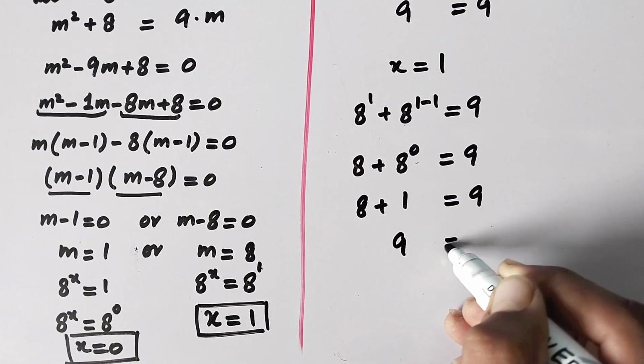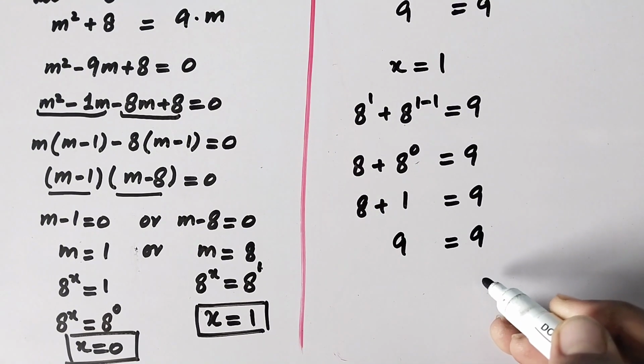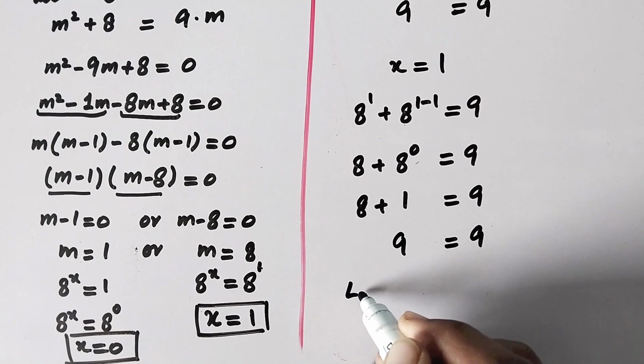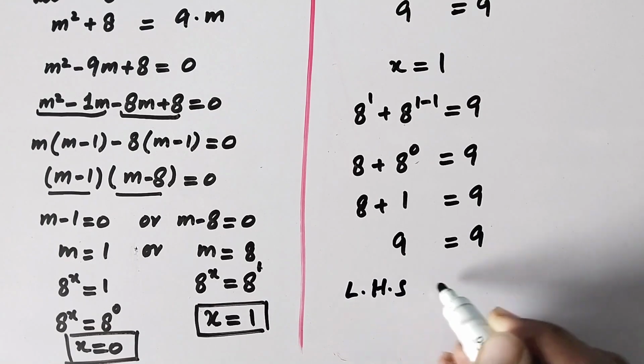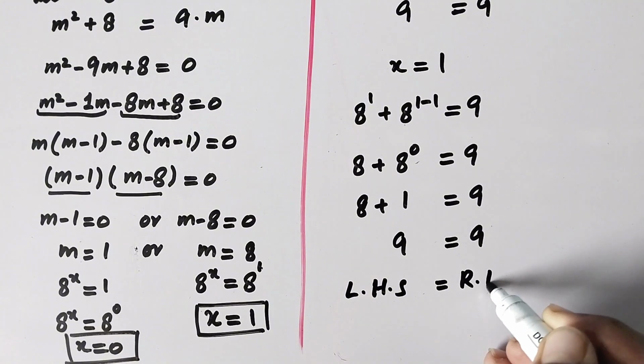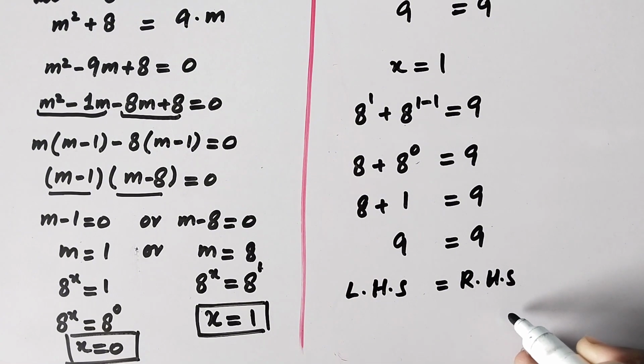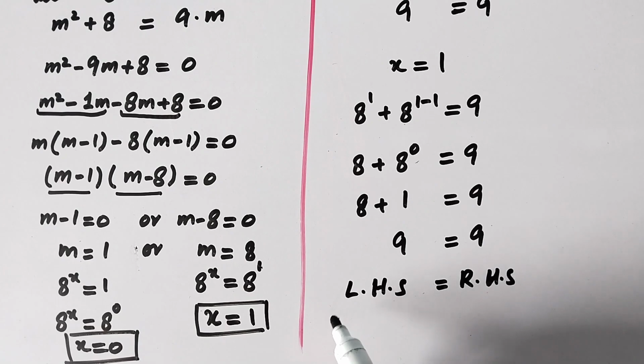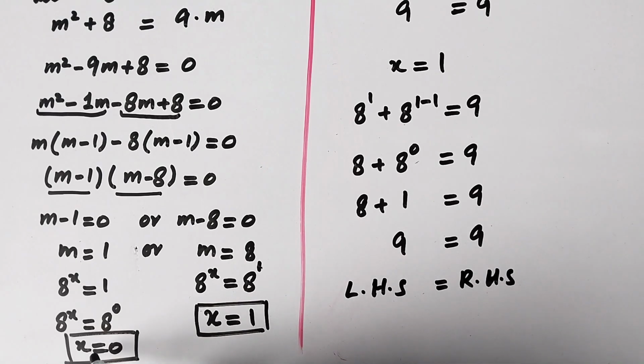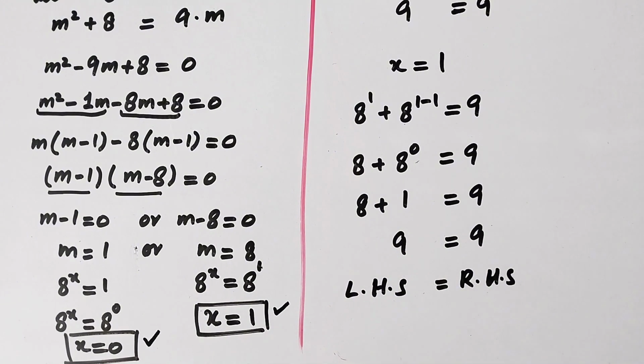So 8 plus 1 is equal to 9, and 9 is equal to 9. So here also left hand side is equal to right hand side, and it verifies that the values of x equal to 0 and 1 are exact roots.